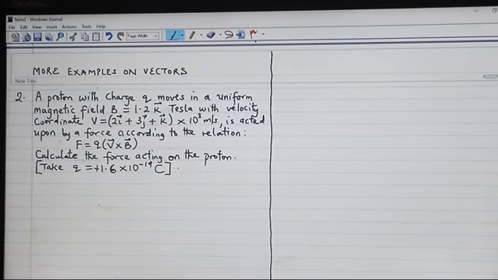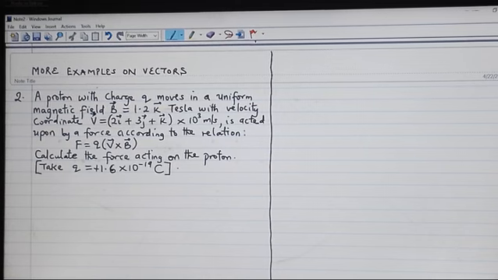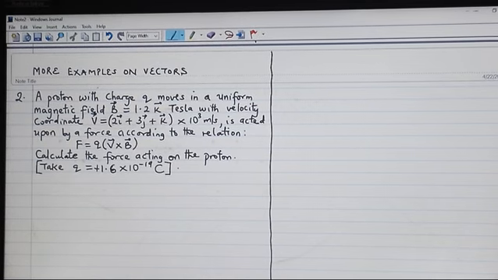We have a second problem here. A proton with charge Q moves in a uniform magnetic field B equal to 1.2k Tesla with velocity coordinates given as V equal to (2i + 3j + k) times 10 raised to the power 3 meter per second.